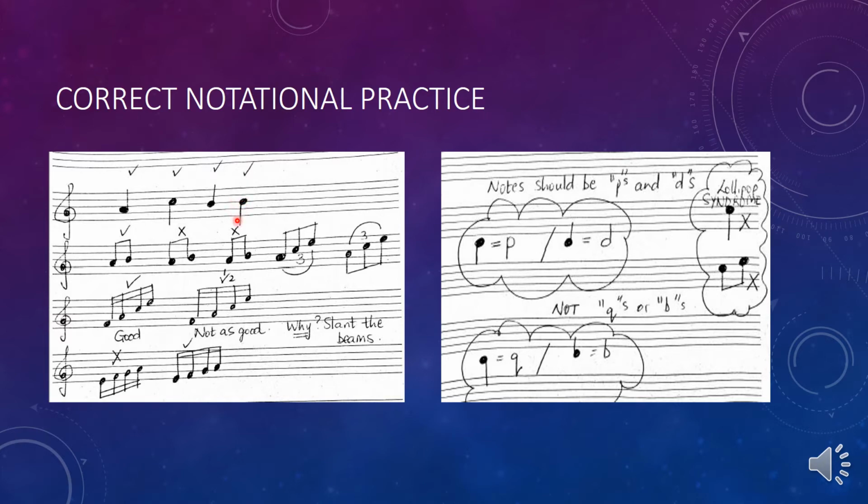The middle line is the measuring guideline here, so to speak. Once you start to go above the middle line, the stems attached to note heads must always go down on the left-hand side. If you have note heads below the middle line, they must go up on the right-hand side. So notes, if I flick over here, notes should always look like P's and D's, not Q's or B's.